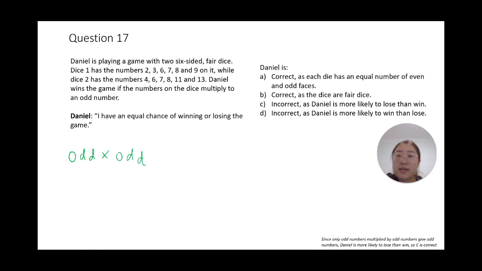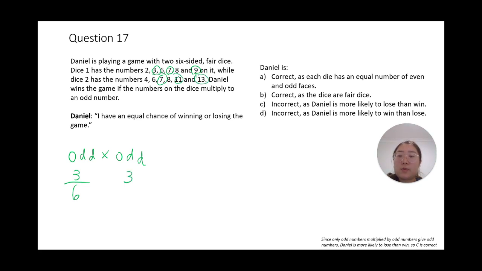So we're going to see in dice 1, what is the chance of getting odd? And in dice 2, what's the chance of getting odd? And we multiply it together to find the multiplication chance. First for dice 1, we have 3, 7, and 9. So the chance is actually 3 out of 6. What about dice 2? 6 because it's the total number. There are 6 numbers. We have 7, 11, and 13.